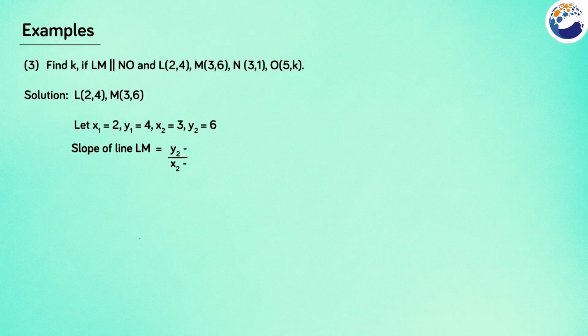Therefore, slope of line LM is equal to (y2 minus y1) upon (x2 minus x1), which is equal to (6 minus 4) upon (3 minus 2), that is equal to 2 by 1, which is equal to 2. Therefore, slope of line LM is equal to 2, equation 1.